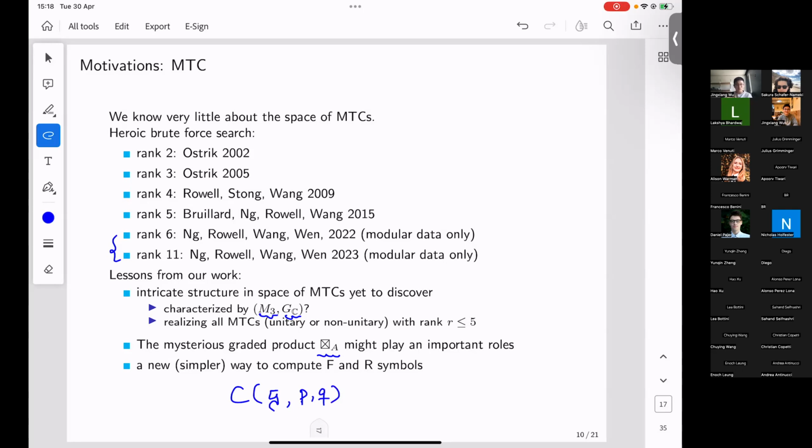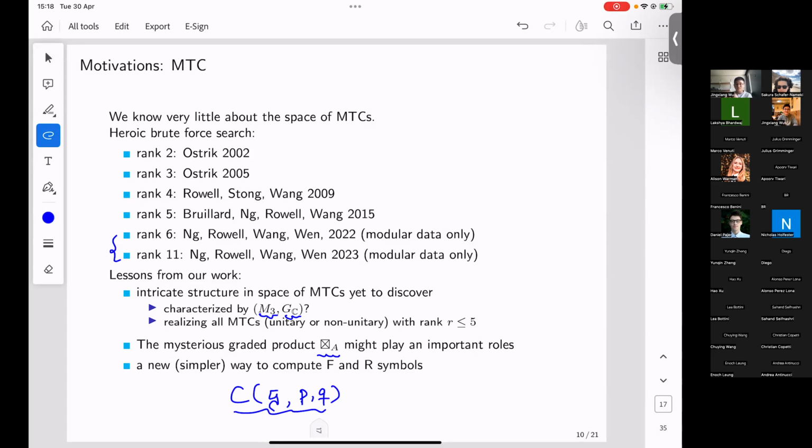A lot is known about them, the S matrix, T matrix, and for many of them, F and R are also known. So if you have a new MTC that's known to be constructed this way, you already know what F and R are, just because this is understood. So this whole proposal gives you a very simple way to compute F and R symbols.